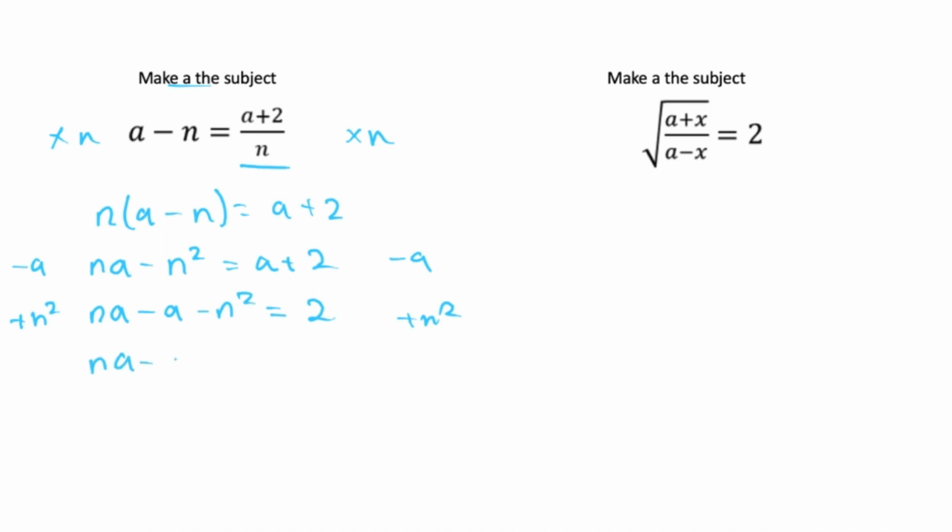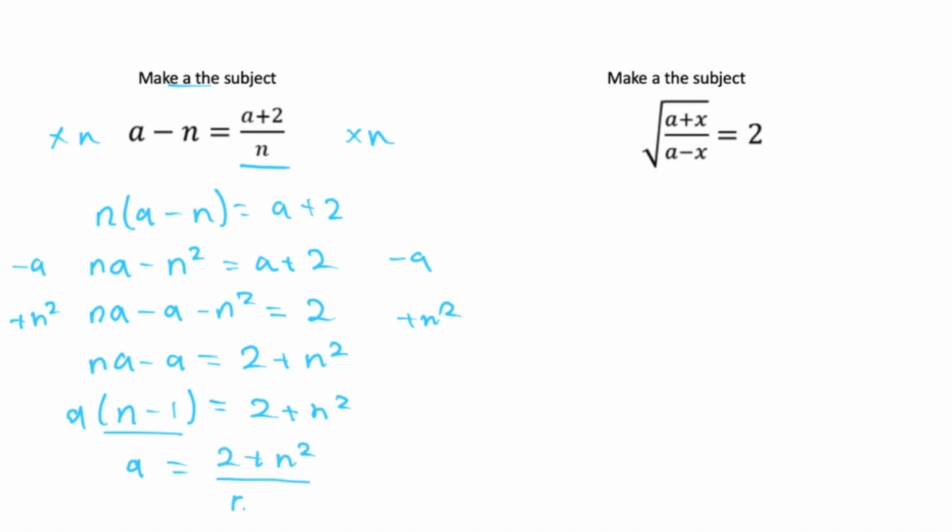So na minus a equals 2 plus n squared. And then you factorize. So a times n minus 1 equals 2 plus n squared. Then you divide both sides by this bracket. So then it becomes a equals 2 plus n squared over n minus 1. This would be your answer.